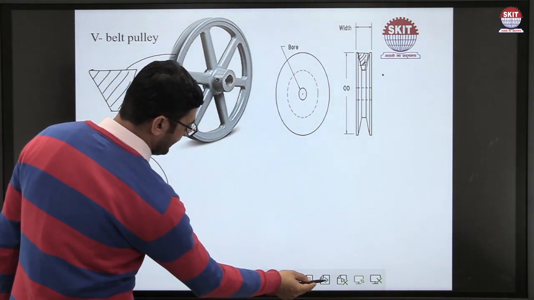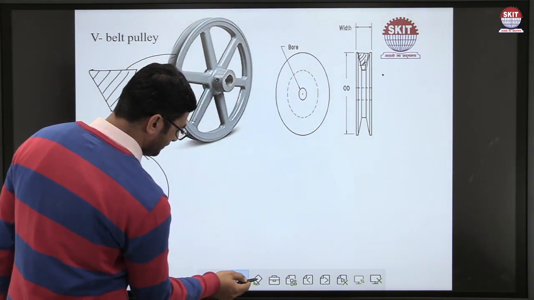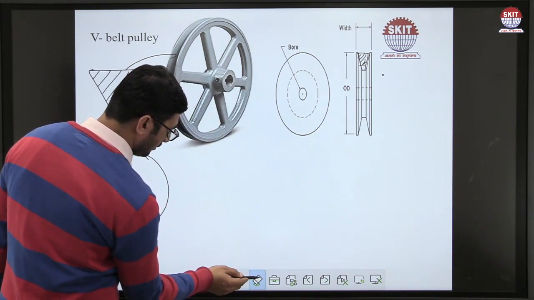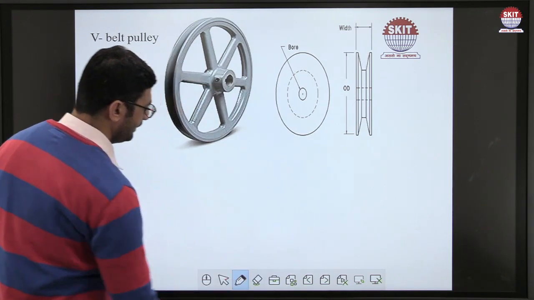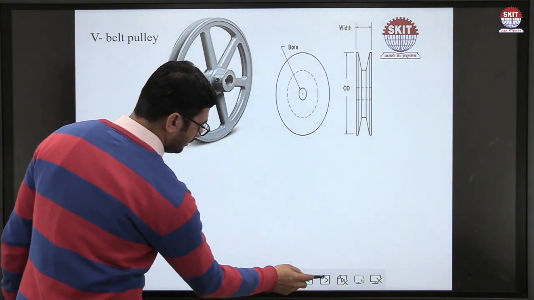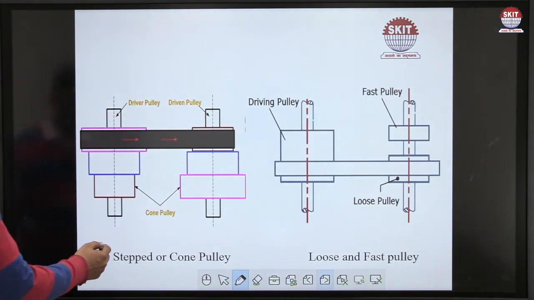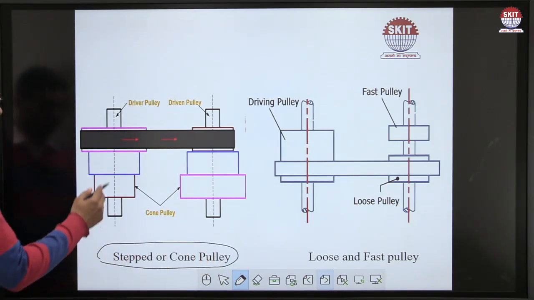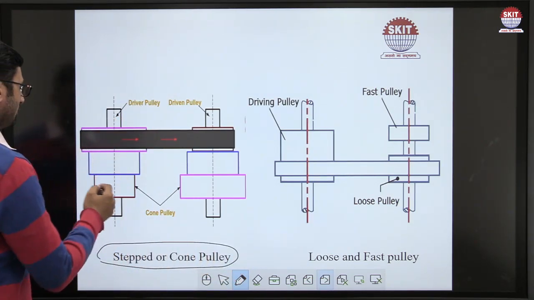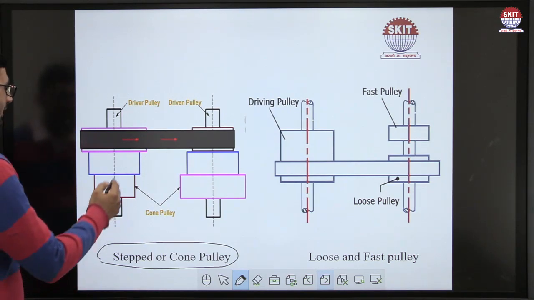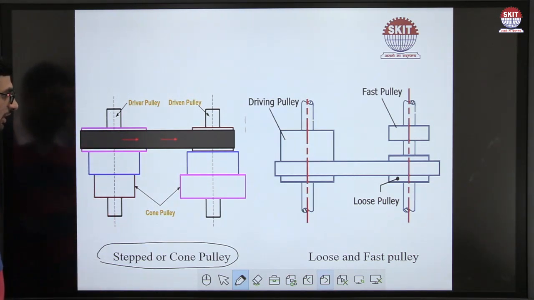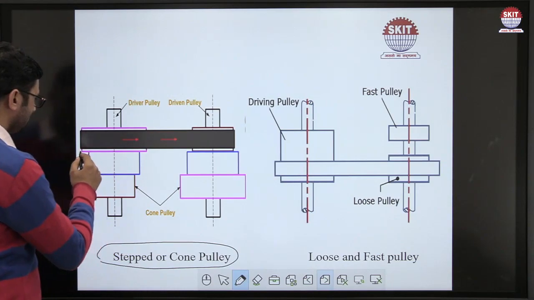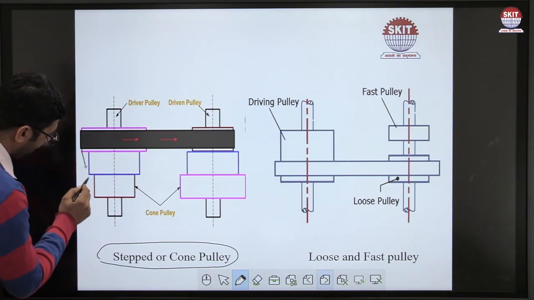Okay. Next type of pulley is cone and step pulley and loose and fast pulley. In the stepped or cone pulleys, we have more than one pulley on a single shaft, and these pulleys make a cone shape.